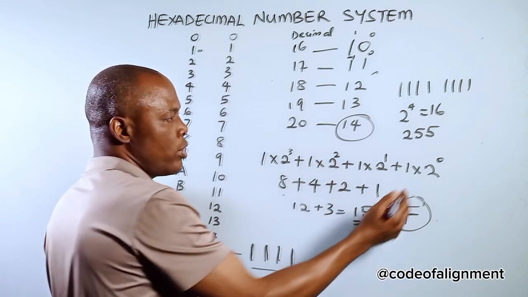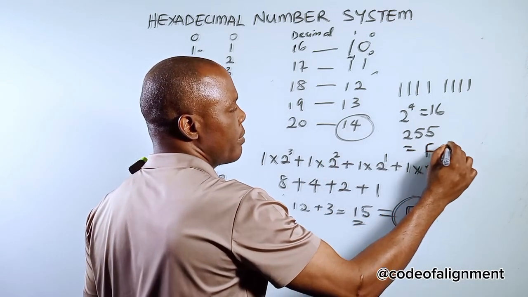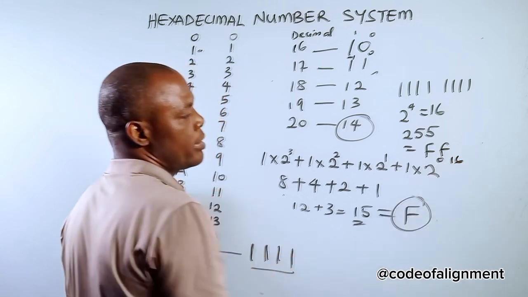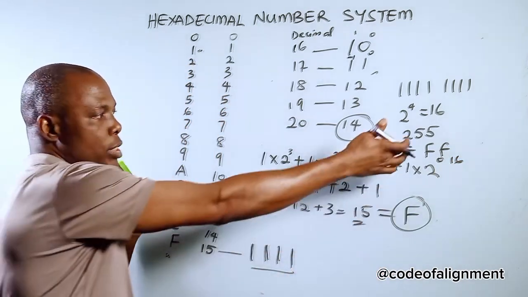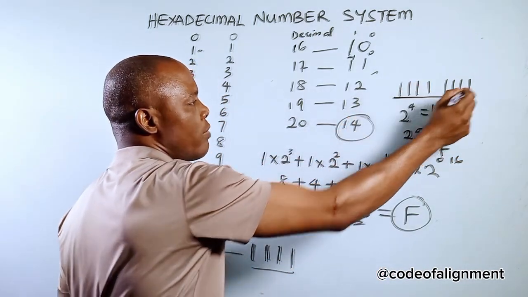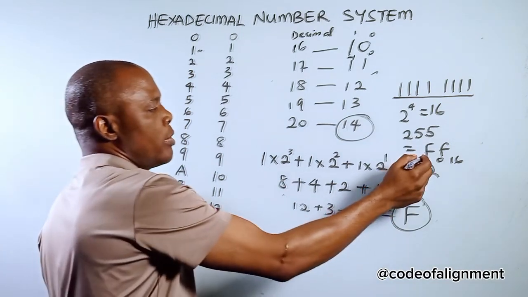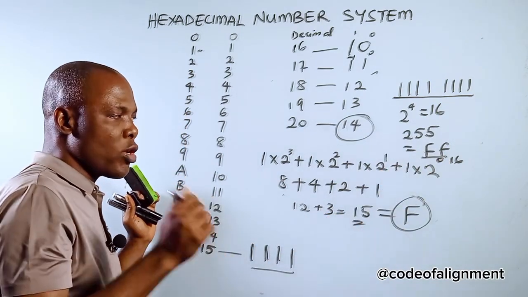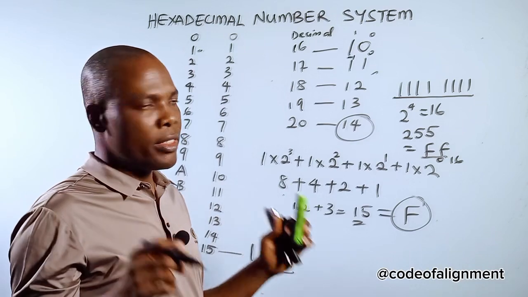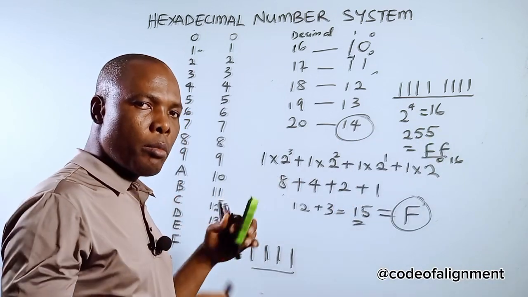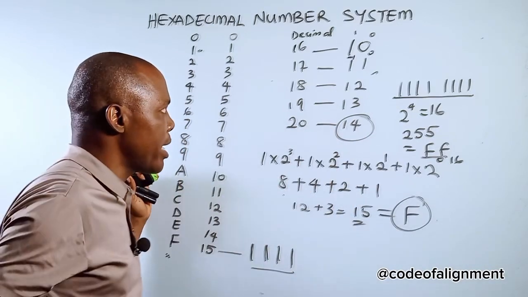In hexadecimal, you just simply write it as FF. That is base 16. So you see it's shorthand. Instead of writing the whole of this length, you just replace it with this. That is why in computers, memory is actually written in hexadecimal, but the conversion is always done to binary.